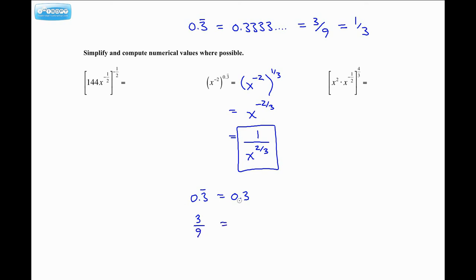Remember 0.3 is 3/10. So if these are the same, that means that 3 over 9 is the same as 3 over 10. That is absolutely false. So this is completely false.